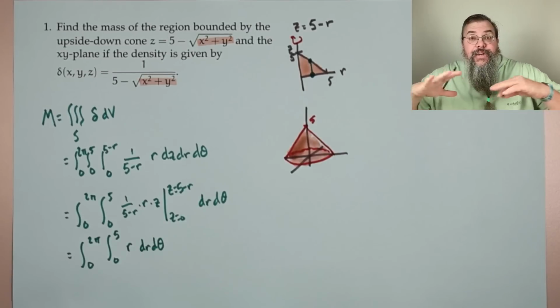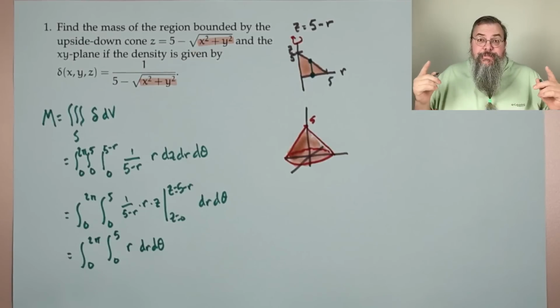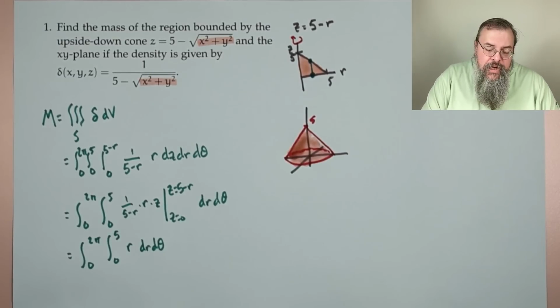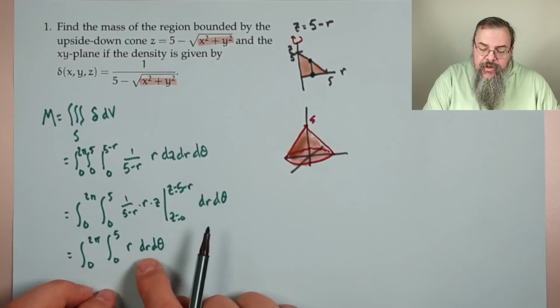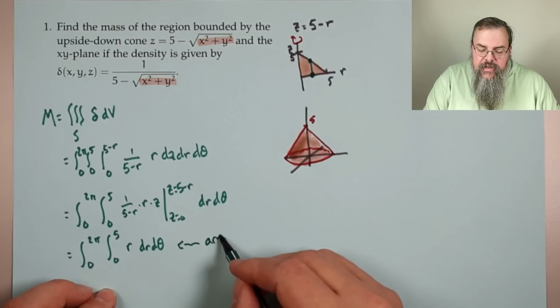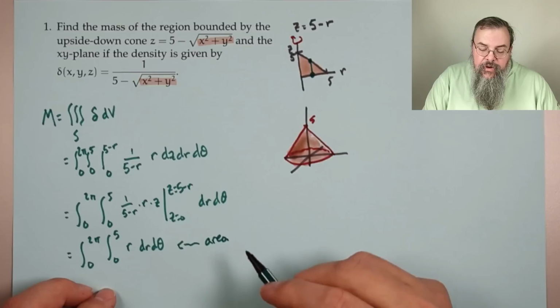Now, we could keep integrating, or we could make a quick observation and say, wait a second, what is this? We're integrating in polar r d theta, and so we can say, oh, this is like the area of the region in the xy plane. So what is that?